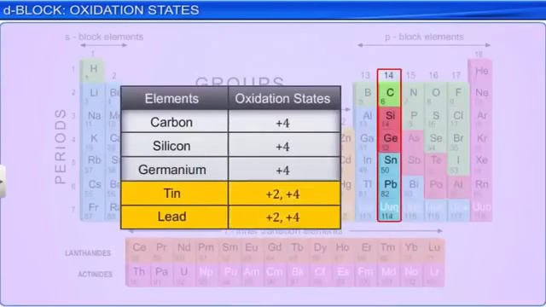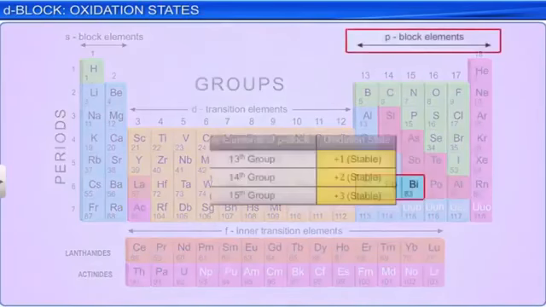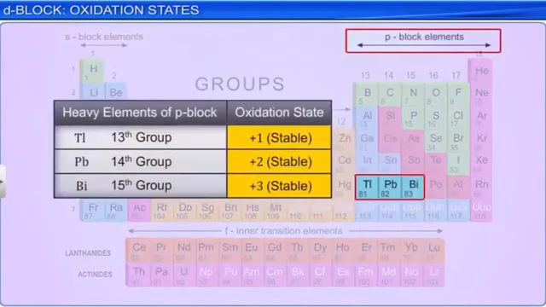You know that in p-block elements, lower oxidation states are favored by heavier elements because of the inert pair effect. But in d-block elements, higher oxidation states are more stable for heavier elements.